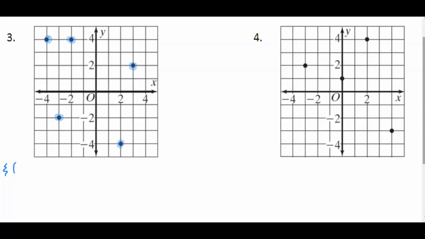So that first point's at -4, 4. We have a point at -3, -2, -2, 4, +2, -4, and +3, +2.